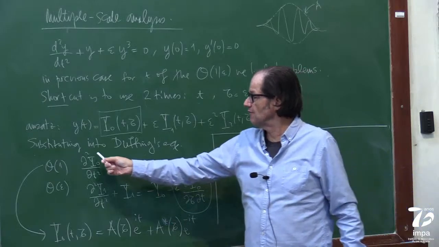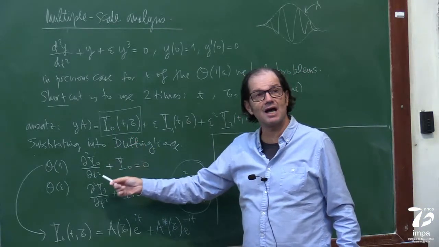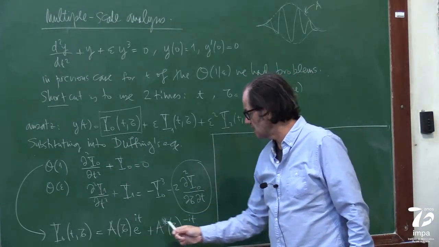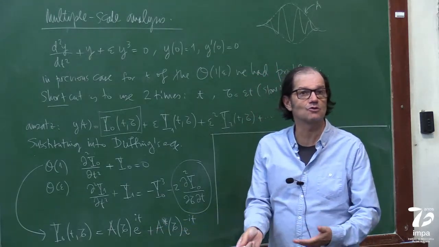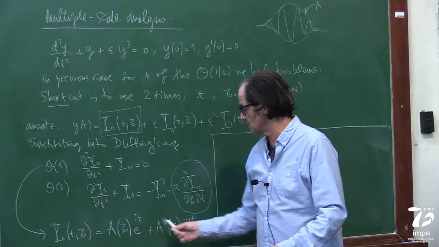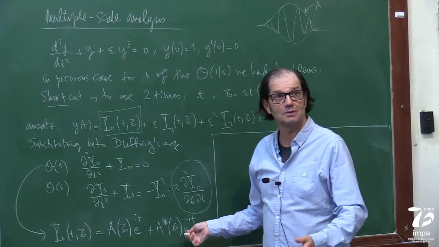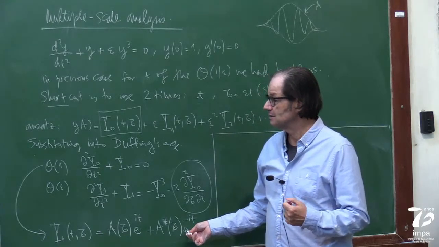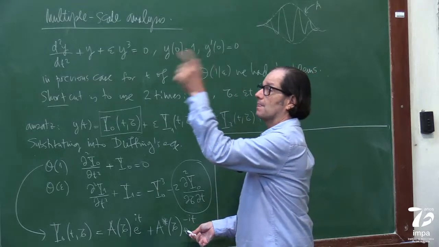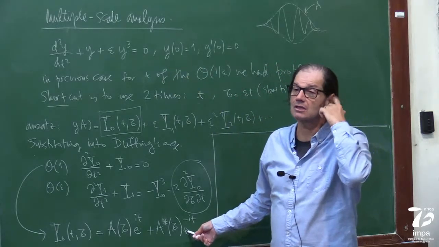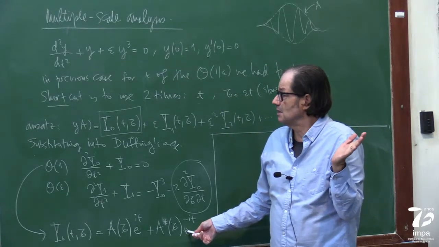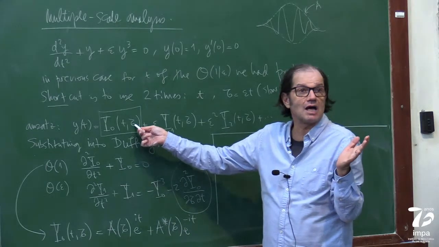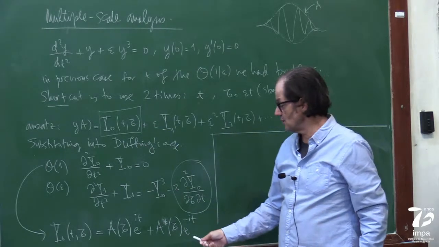So if it's solving this equation only in time, it's going to be sines and cosines. Now I'm just writing it using complex notation, right? This is sines and cosines, both of them. But the amplitude that for a harmonic oscillator was constant, now the amplitude can maybe change in slow time. So this is what I'm writing here.